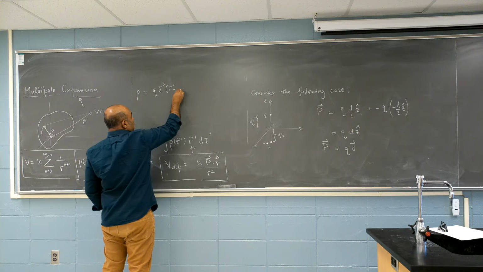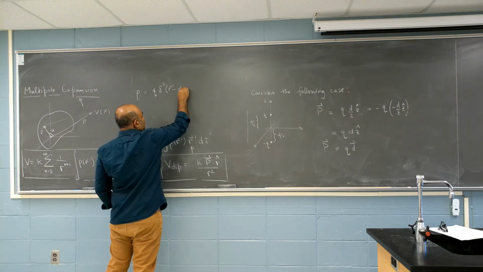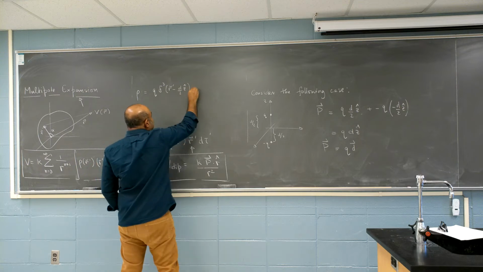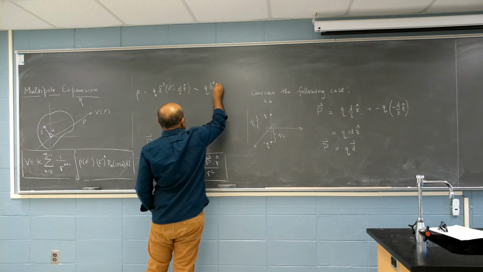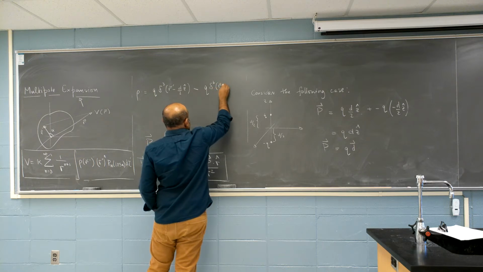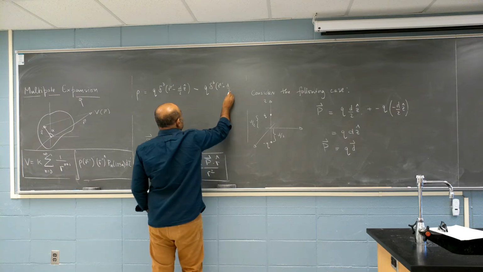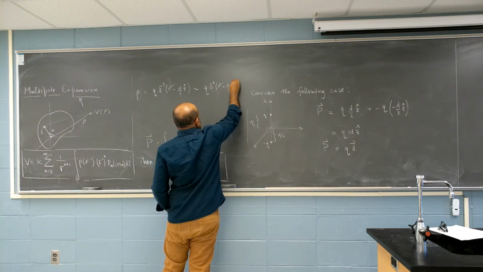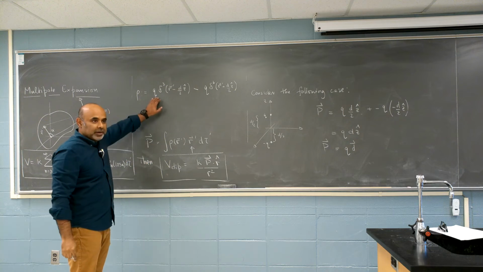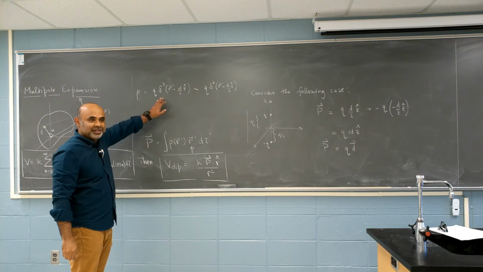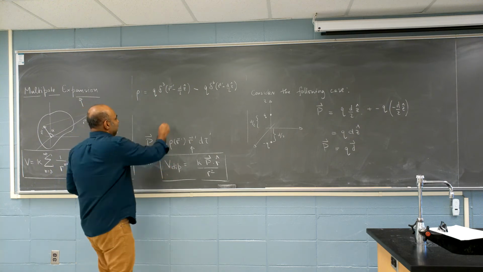r prime minus d over 2 z hat. You would think it ends here. That looks right, correct? The two charges? Yeah, but it's not quite right because of the way the delta function is defined.